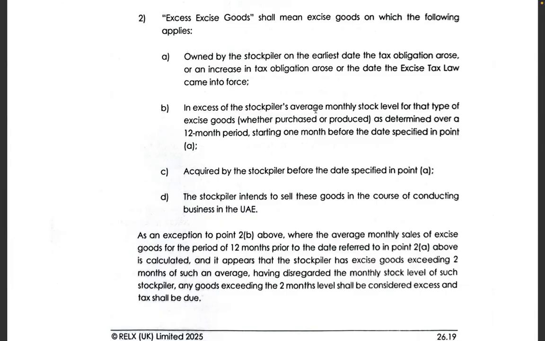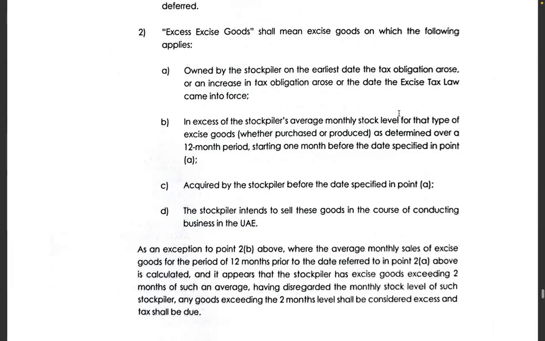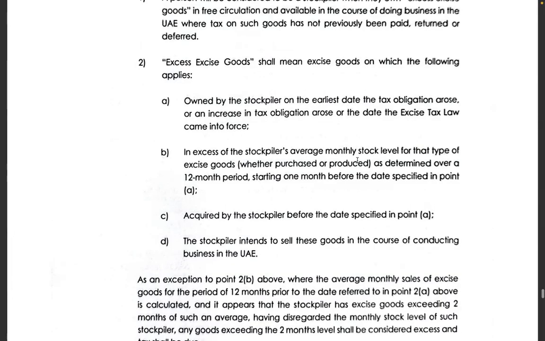In excess of the stockpiler's average monthly stock level for that type of excise goods, as determined over a 12-month period, starting 1 month before the date specified in point A.